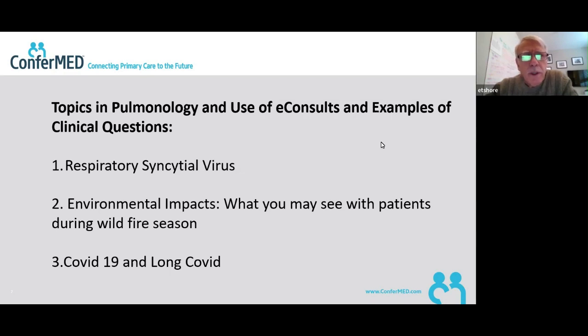In terms of wildfires, now some interesting things here. This is clearly an irritant, and the noxious gases and particulate matter that are spewed aggravate pre-existing conditions. One of the things that we're finding is that there's a significant increase in COVID prevalence when there's smoke and fire in the region, and there's also a significant increase in COVID mortality.